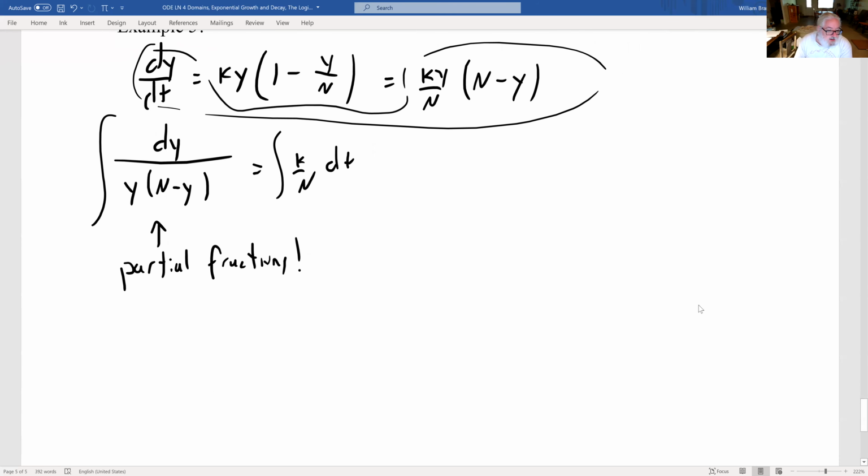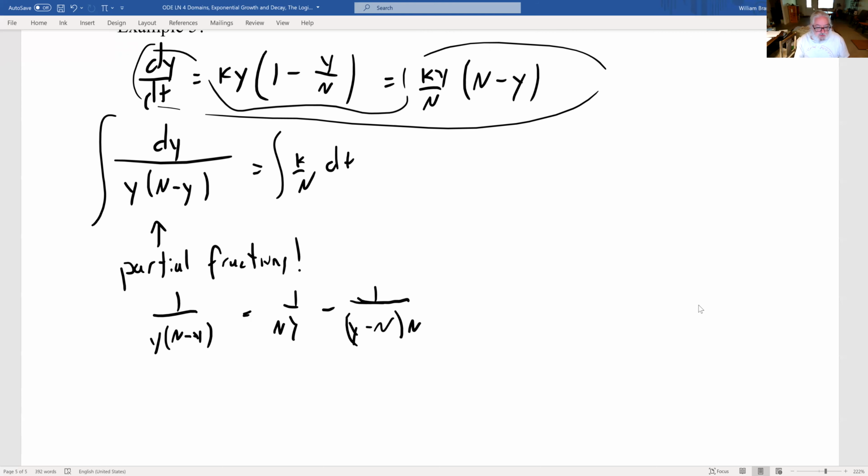So 1 over y(n minus y) turns out to be 1 over y minus 1 over y minus n. Oops, there's an n in front of both of these things. How do you deal with partial fractions?